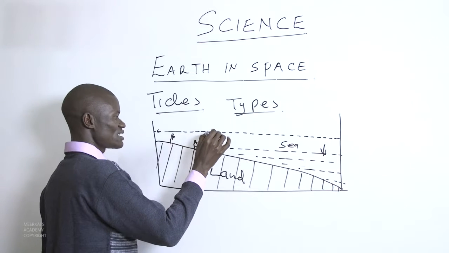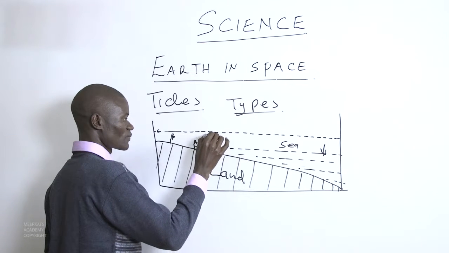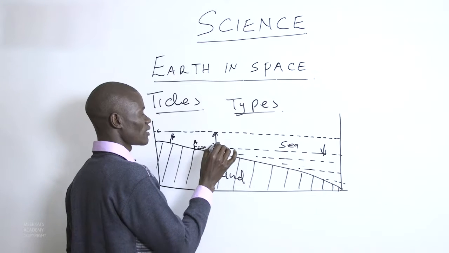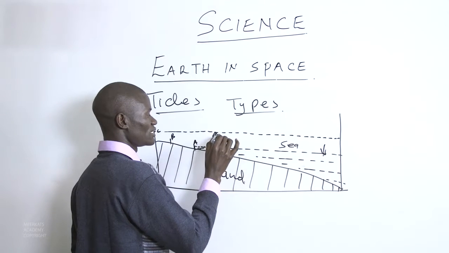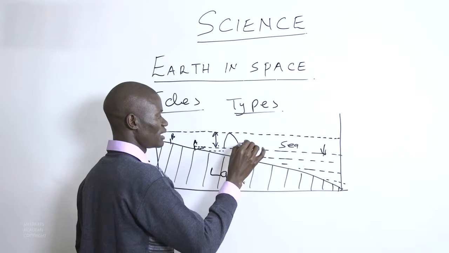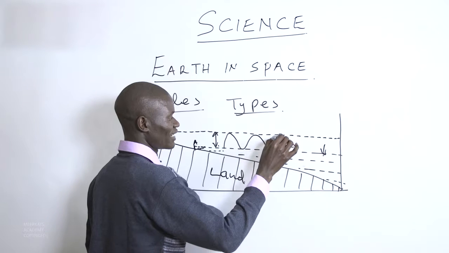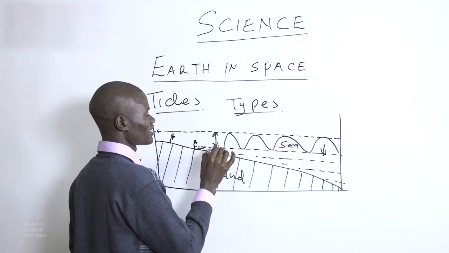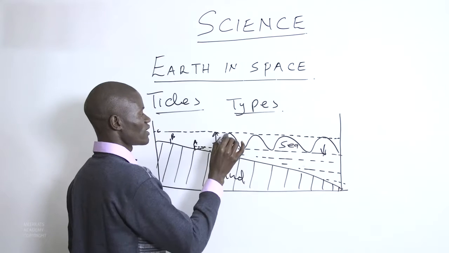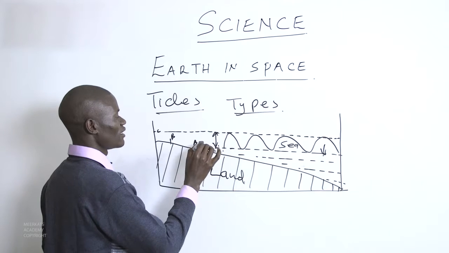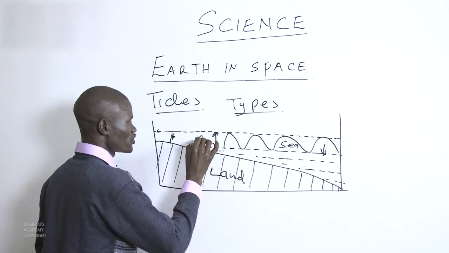Now, this difference from the normal, when the tide occurs here, this range, because tides normally occur in the motion of waves. We will not go into waves, but I'm looking at this range.